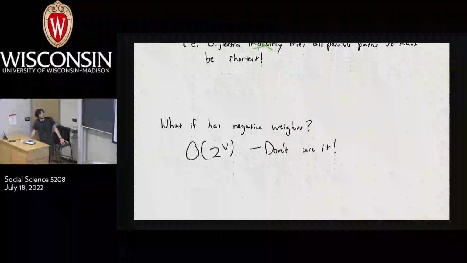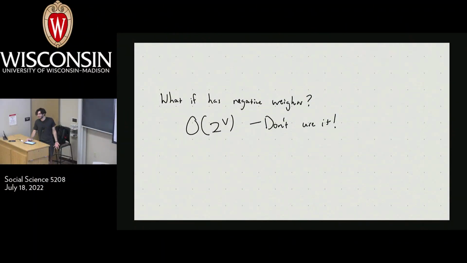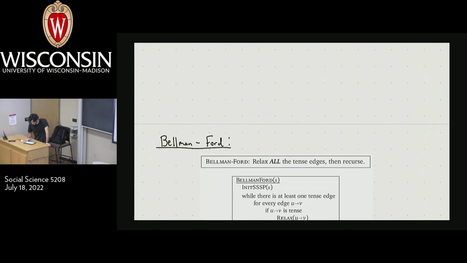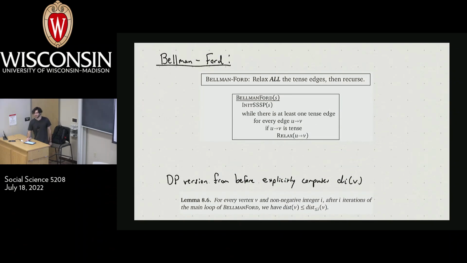But when there's negative weights, we can probably do better than that. So how do we do better than that? By using dynamic programming, of course. So how are we going to do this? The idea is really simple. We're just going to relax all the edges and then recurse.